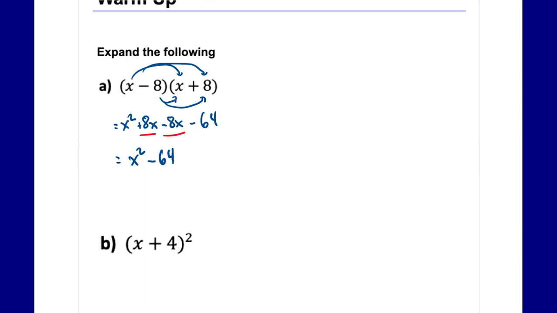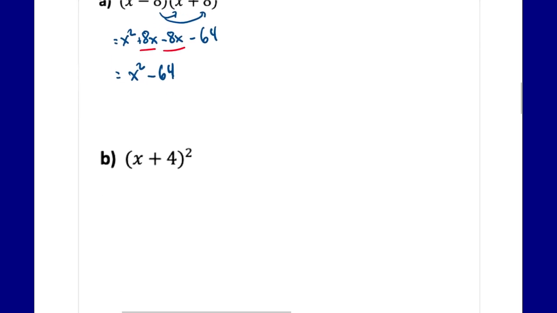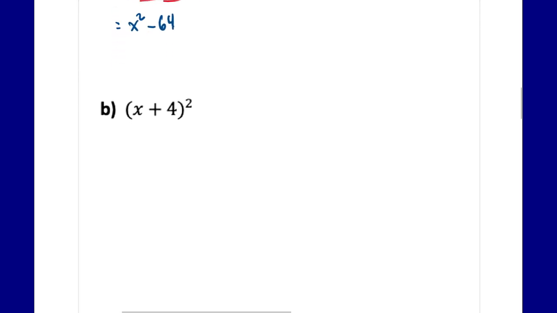Now, this might seem familiar to you. This is something that you would have looked at in grade 10, so this is a little bit of a review. If I look at b and want to expand this, we'll have x plus 4 squared. That just means x plus 4 times x plus 4. And again, I can use rainbow method, FOIL, distributive property, however you want to call it, and we are going to expand this.